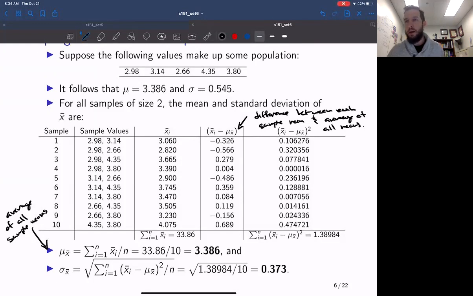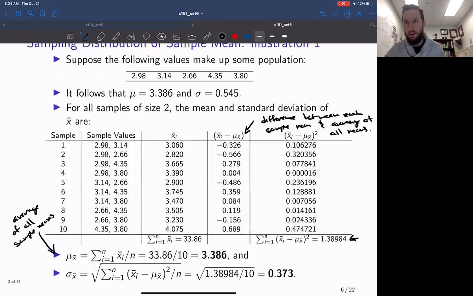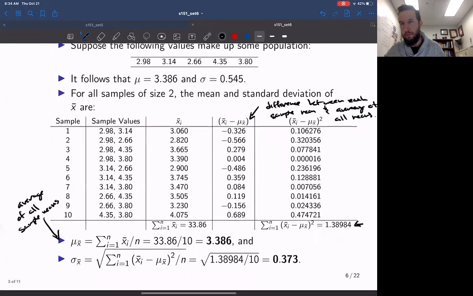Okay. And then I'm just going to follow the normal process for computing standard deviation. So I'm going to take those values, I square each value, I add them all together. So this is just the sum of all of the squared deviations. And then I divide by n and I take the square root. Because we're talking about the population value, so we divide by n in that case.